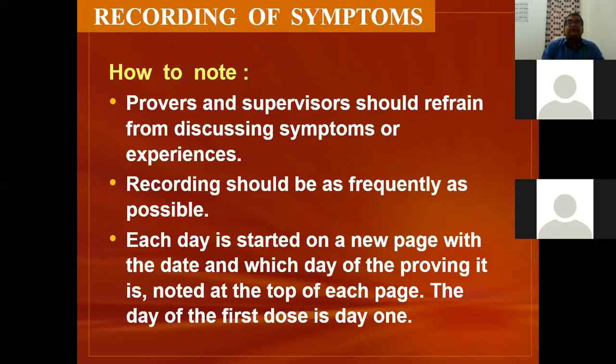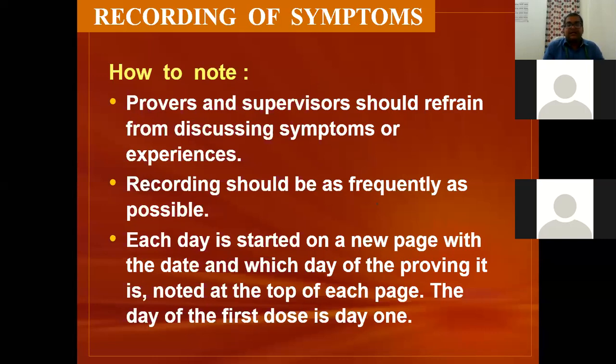Provers and supervisors should refrain from discussing the symptoms of the experience. Recording should be as frequent as possible, means try to do recording every day. Whatever symptoms the prover got during the whole day should be recorded every day, checked and properly signed by the coordinator.